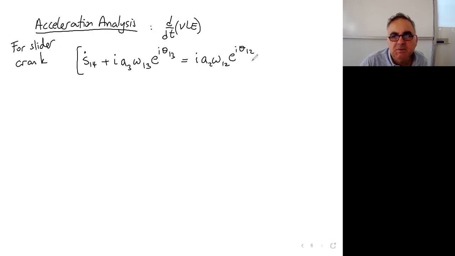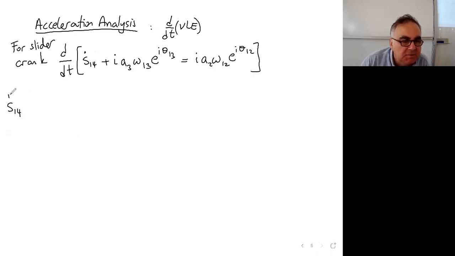We will just take this equation and take its time derivative. It will be more complex, but still it will be a linear equation. That's the good thing about it. Let's do that.